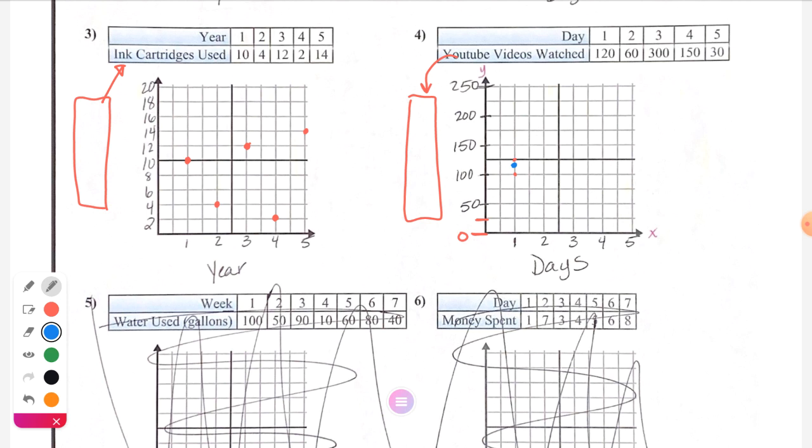260. So here's 2. What would this marking be right there? 75. So we have to go between 50 and 75. So 260 would just be in there somewhere. 300. Where are we at? We're off the chart. So 3, just put it up there in 300 world. 150.